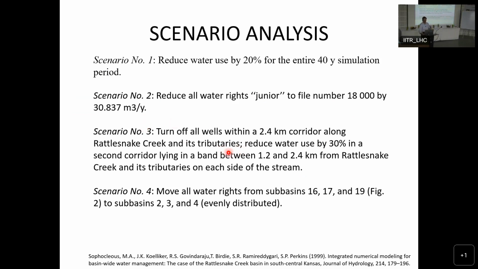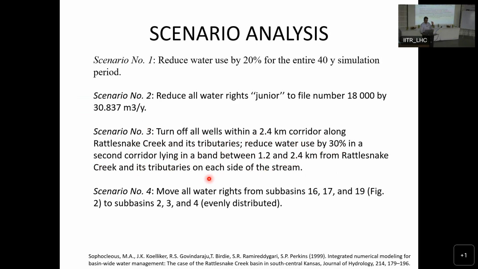So turn off all wells within a 2.4 kilometer corridor along the Rattlesnake Creek and its tributaries, reduce water use by 30% in a second corridor lying in a band from 1.2 to 2.4 kilometers, and so on. These are the kinds of scenarios that they want this model to be able to do.